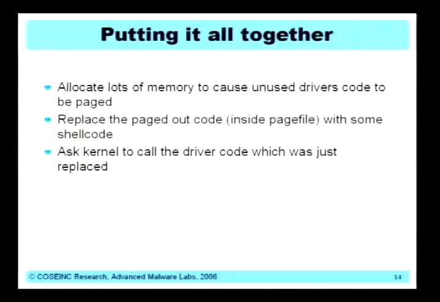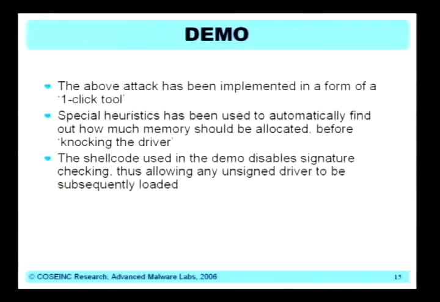So we allocate lots of memory to cause the code of unused drivers to be paged. We replace this paged out code with some shellcode, and we ask the kernel to call the driver dispatch routine. And this was actually implemented as a one-click program. A special heuristic has been used, because one of the problems is how much memory we need to allocate so that our null.sys code will be paged out.